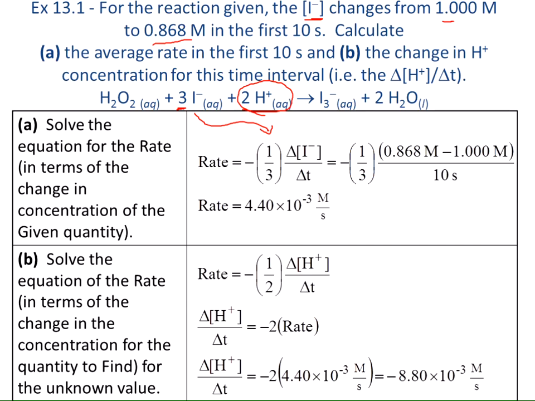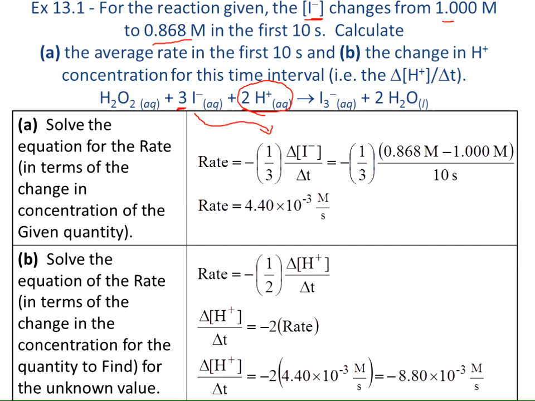There's a 2 coefficient in front, so we need 1 over 2 times the change in H+ concentration over the change in time. So I calculated the rate above, and that was 4.4 times 10 to the -3. So I can substitute that in for my rate of the reaction.